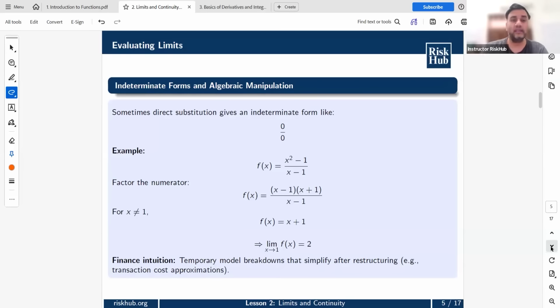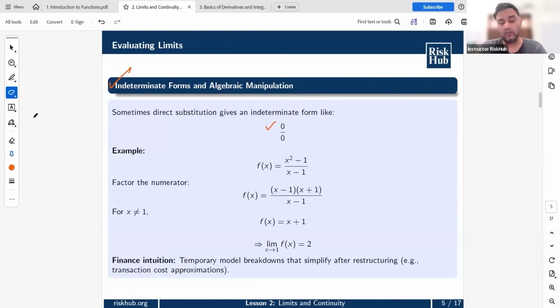First, we talk about indeterminate forms and algebraic manipulation. Sometimes when we substitute the value directly into the function while calculating a limit, we get something like 0 by 0.